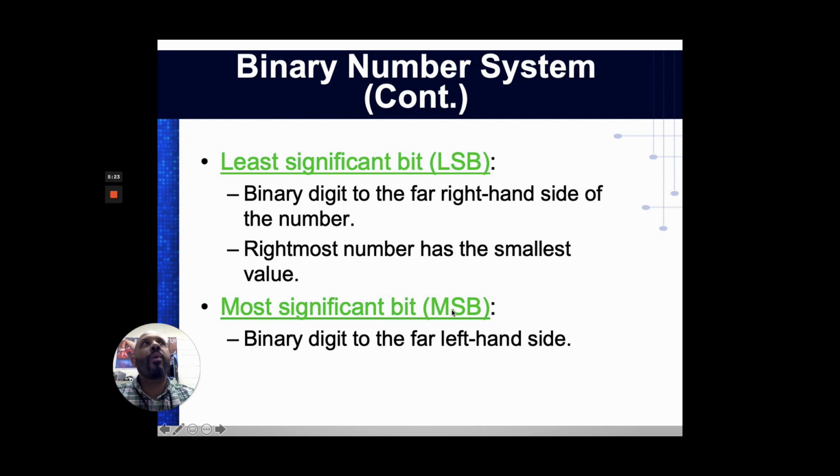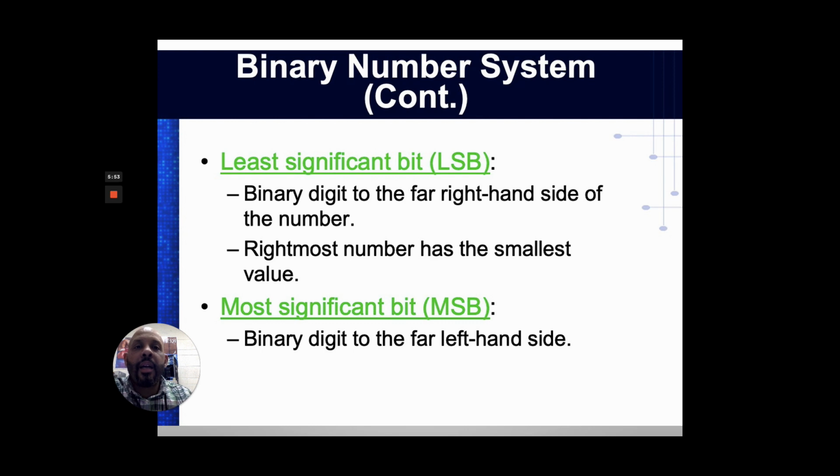Just like in a decimal system, the number all the way to your right is your least significant digit, while the more to the left you go, the more significant, the higher the value. So all the way to the left, you will have your most significant bit when we're talking about binary.